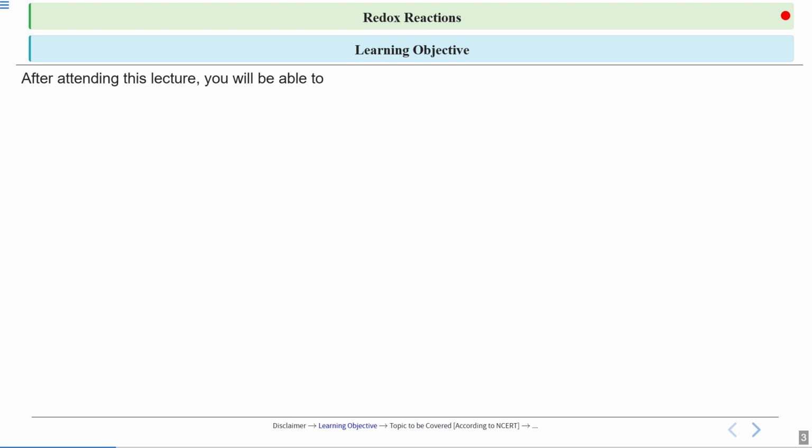Now, the learning objective. That means the objective for today's lecture, what we will be able to understand after attending this lecture. After attending this lecture, we will be able to explain the mechanism of redox reactions by electron transfer process.